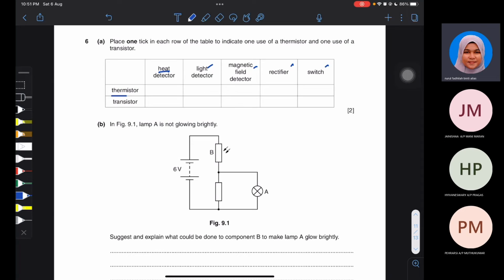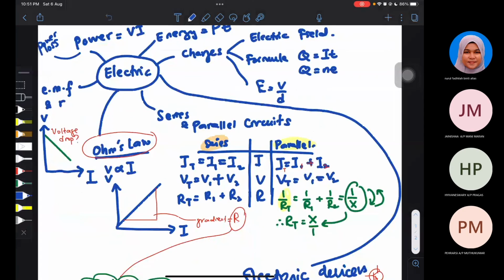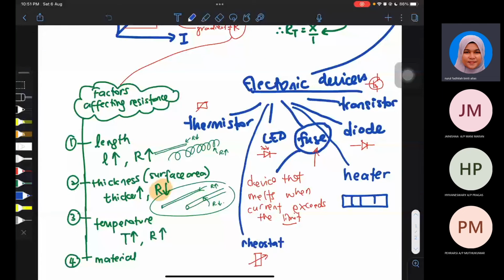Okay, so it's the heat detector. What about transistor? What is it? Transistor can work as a switch. So jadi ini nampak tak cara dia tanya soalan, you kena tahulah function of each. You need to know the function of each of these electronic devices. Fuse, diode, transistor, heater, rheostat.